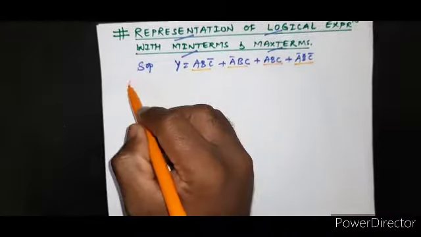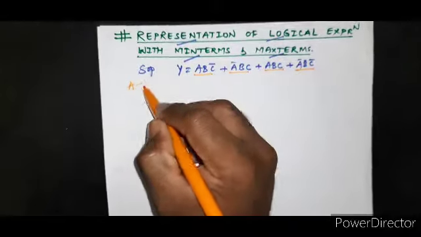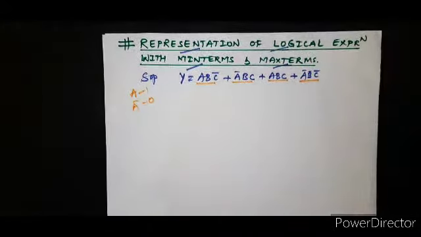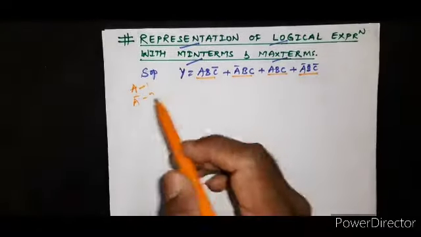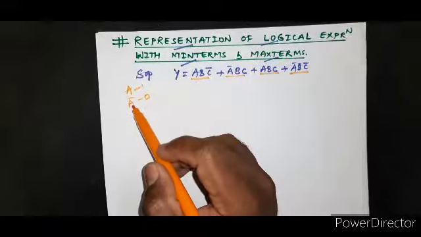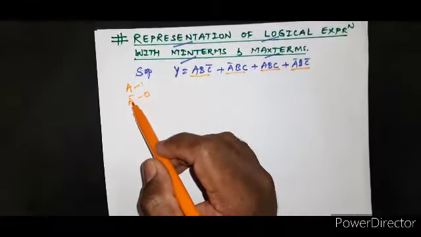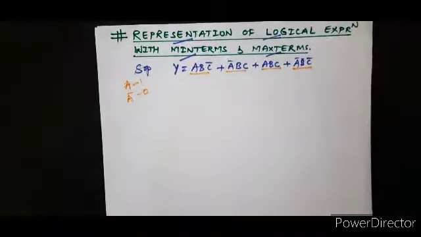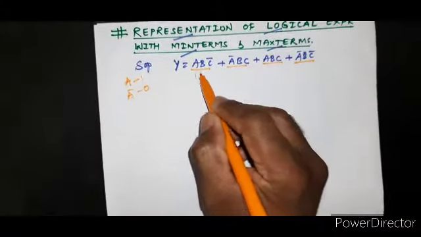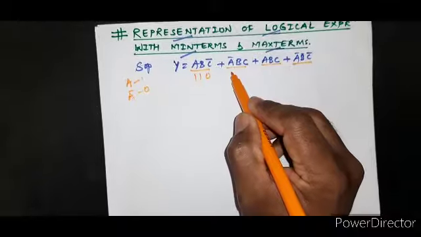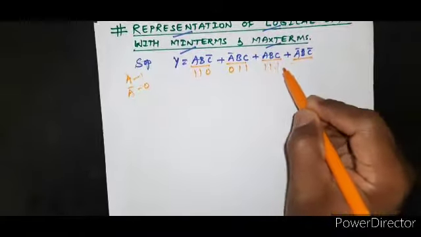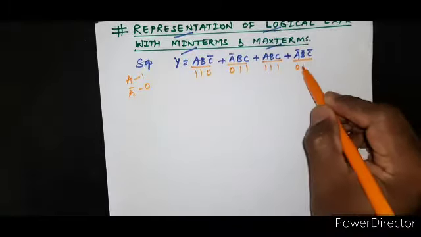We know that a means 1 and a bar means 0. So a variable itself is represented as 1 and a variable in its complement form is represented as 0. So this becomes 110, this is 011, this is 111, and this is 000.